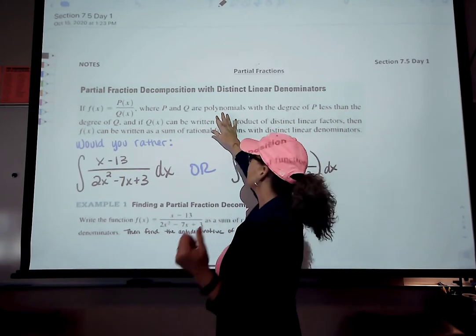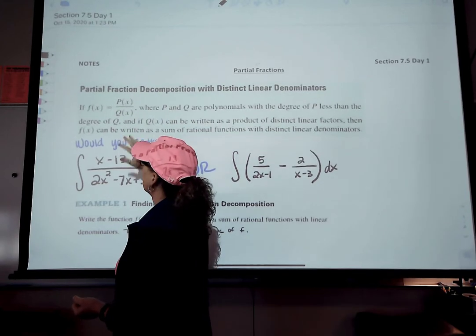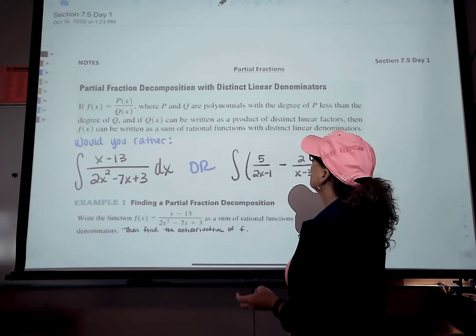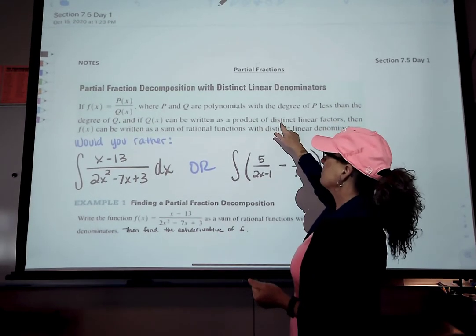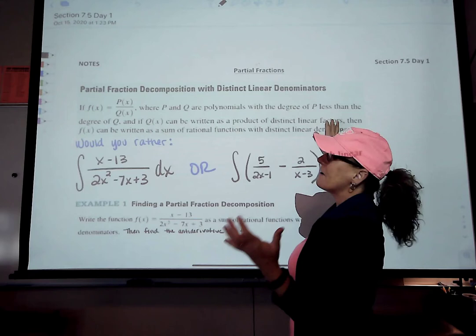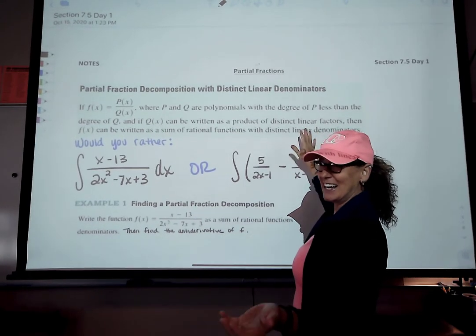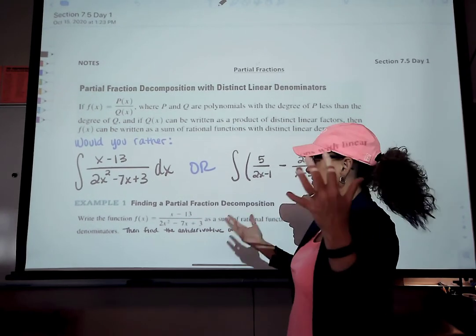Okay, yeah, that's true. It says your top degree has to be less than your bottom degree. I don't know that I agree with that. The product does need to be able to be written as factors, but I don't think they have to be linear. And I've discovered all this when I'm working out problems using partial fractions. So who knew?